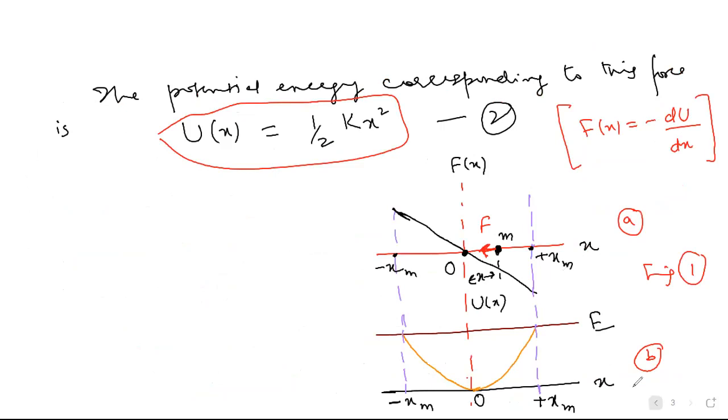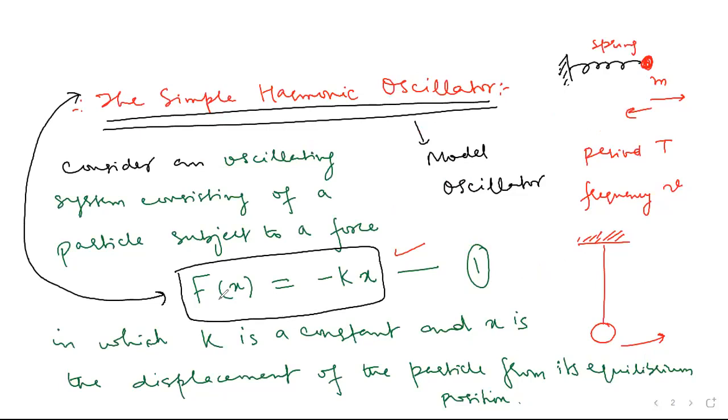Since there is negative sign here, it is oppositely directed to it. That means if you double the displacement, force experienced by the oscillator will double. If you triple it, it will triple. If you half it, force will be halved.